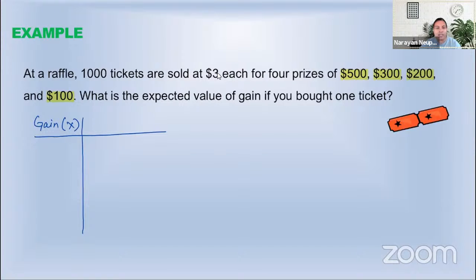So 500 minus 3 is $497. Very good. So one person who gets the $500 prize will actually gain $497. What will be the gain for the second person who got $300?